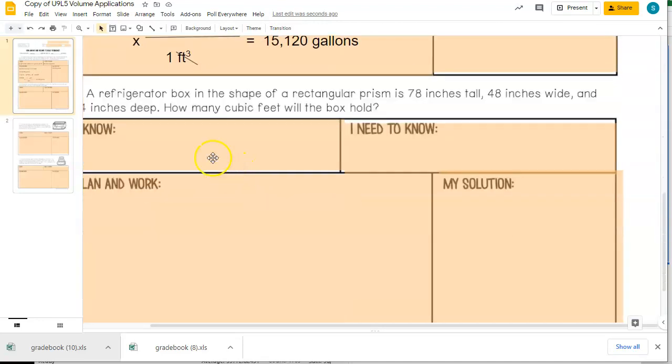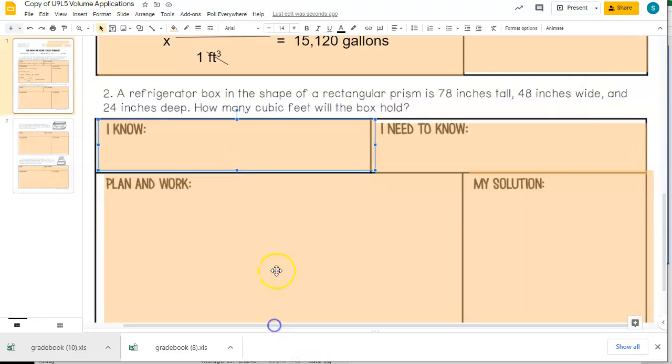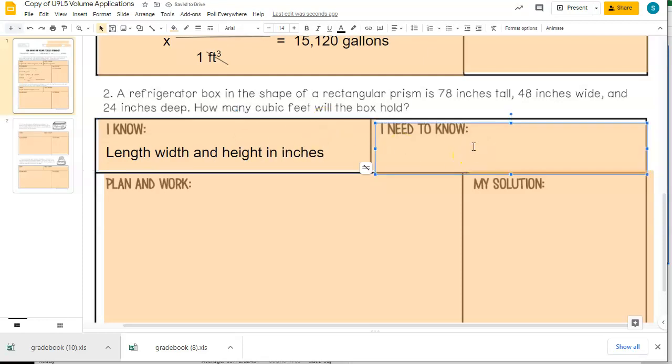So we know the length, the width, and the height in inches, and we want to know the cubic feet.